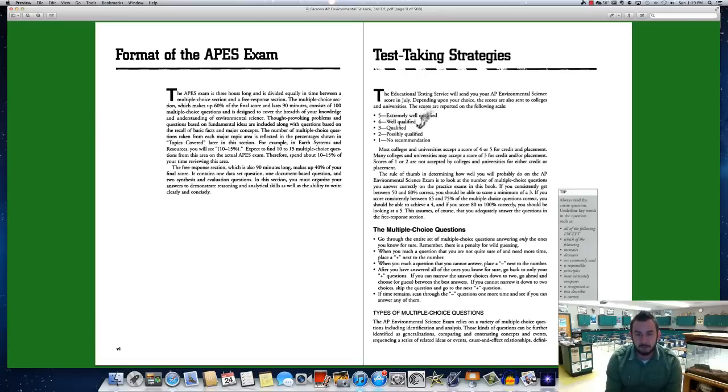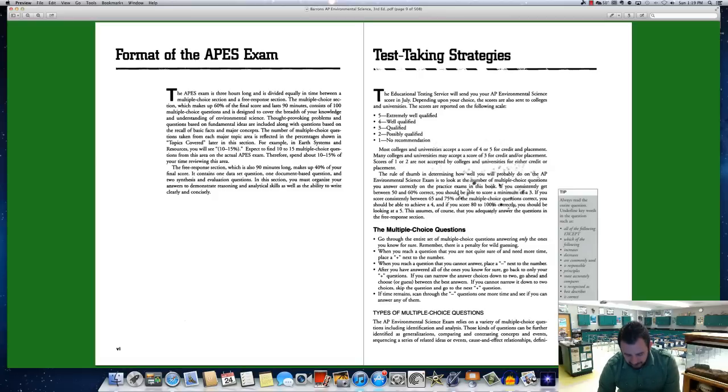That will also get you credit at most of your state schools. 3 is qualified, they'll accumulate some credit for you, probably not at those elite colleges, but at smaller schools. 2 and 1 get you possibly qualified, but no one ever really gives you any college credit for those scores. That's the gist of the scoring. Most colleges accept 4s or 5s, and many colleges may accept 3s, but scores of 1 or 2 really aren't accepted by anybody.